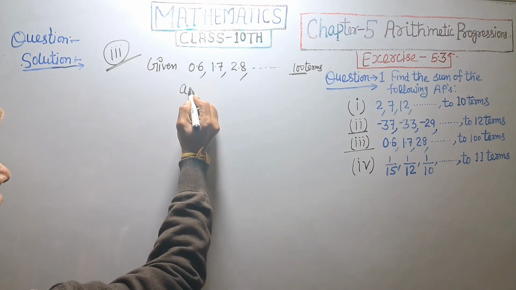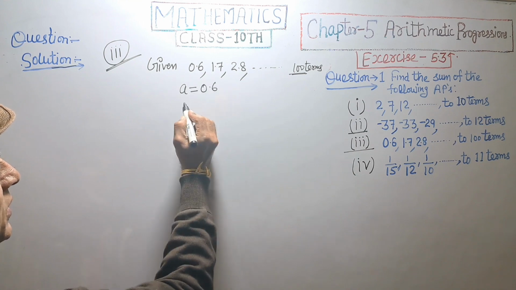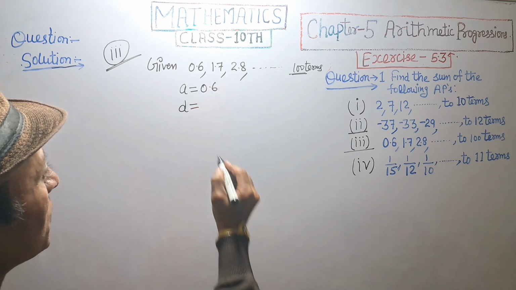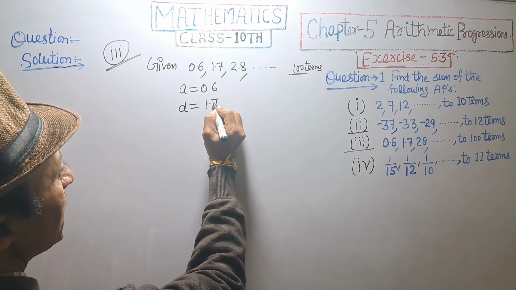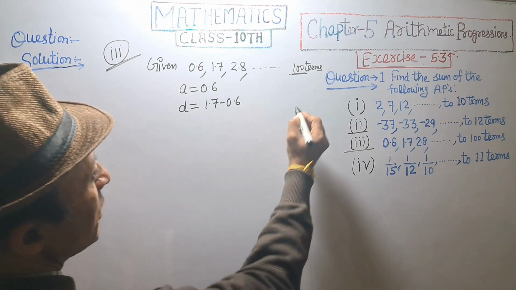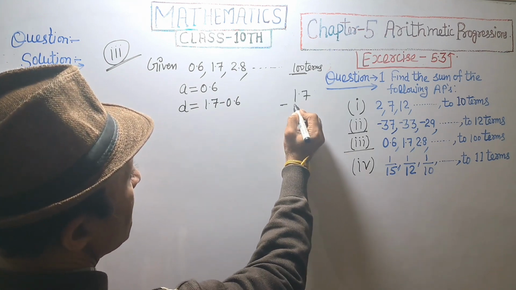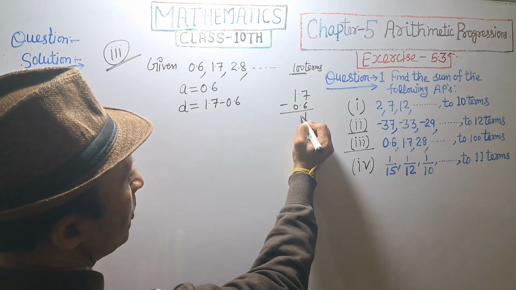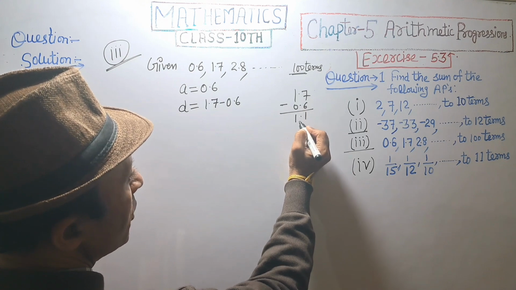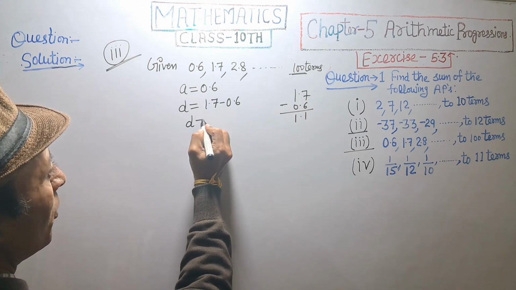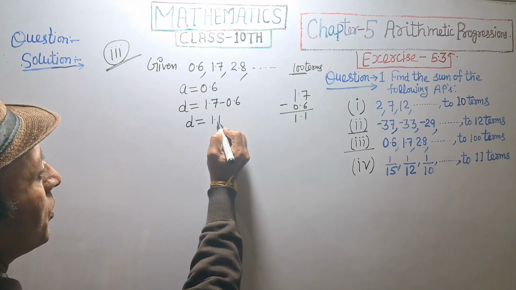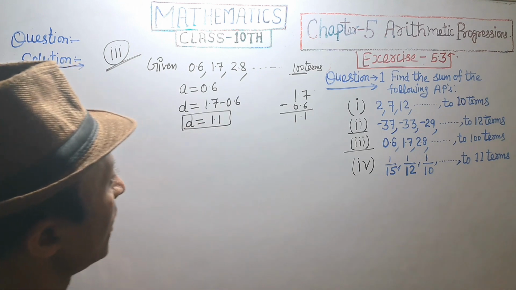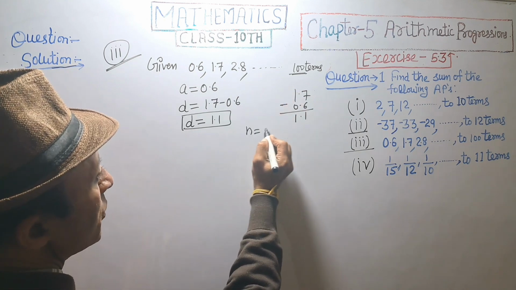A is equal to 0.6, and common difference is equal to second term 1.7 minus 0.6. 1.7 minus 0.6, 7 minus 6 is equal to 1, 1.1 minus 0, equal to 1.1. Common difference is equal to 1.1 and n is equal to 100.